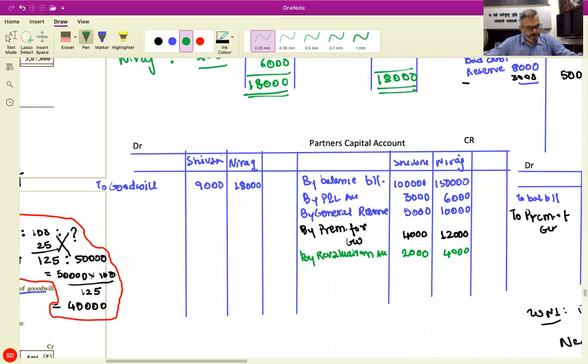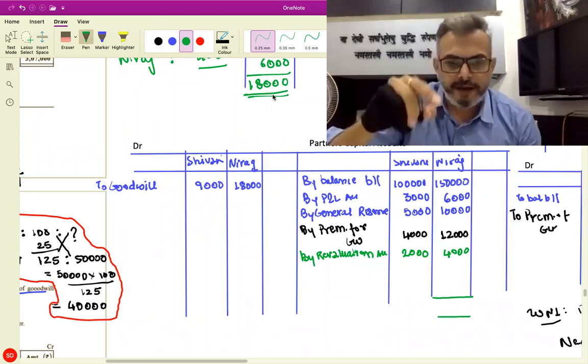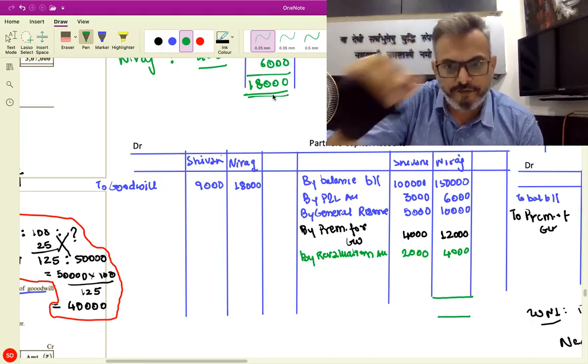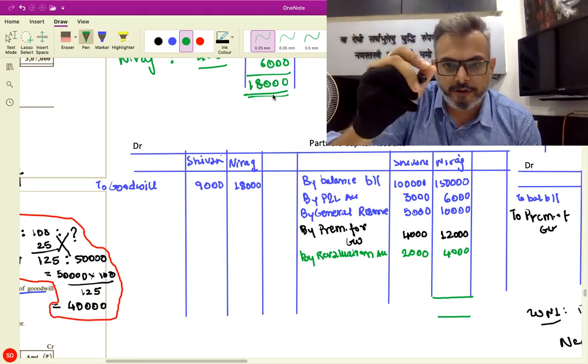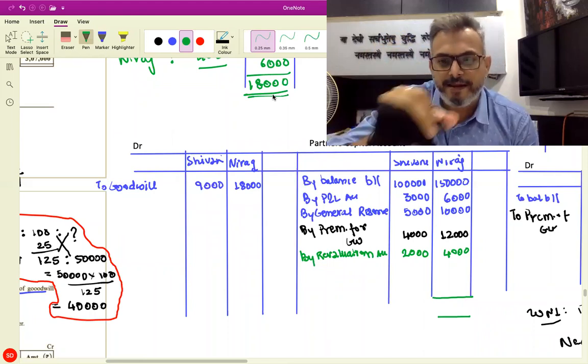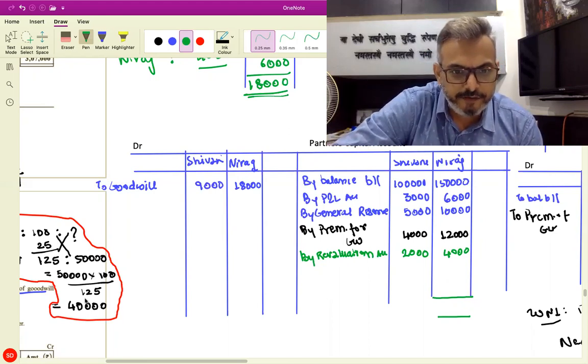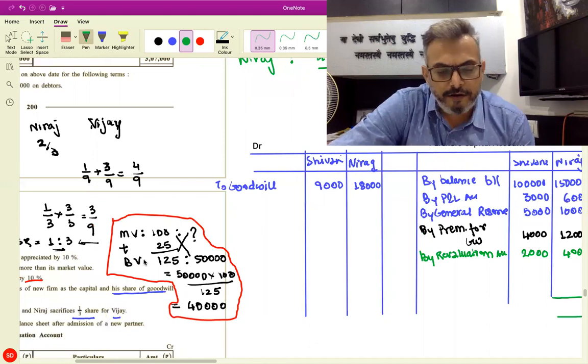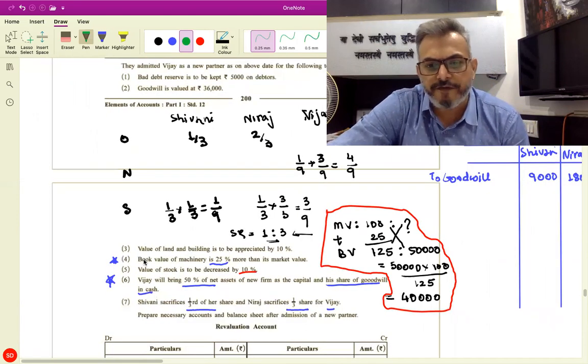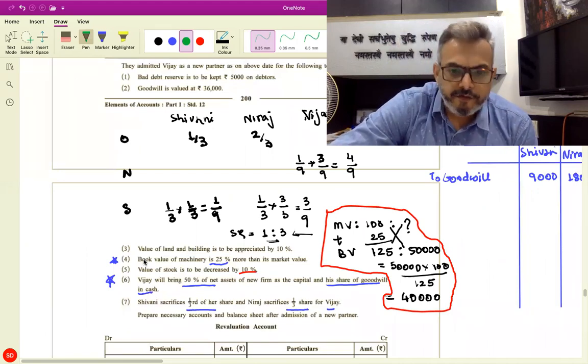That's the first thing we are going to do: balance Shivani and Neeraj. Pay attention, students, for a while. It is not said here that closing capital will be in their profit sharing ratio. If anything like that was said, we would first find the balance in rough. Here there is nothing like that. Here the adjustment is Vijay will bring 50% of net asset of the new firm as the capital. Okay, so I'll explain it to you.